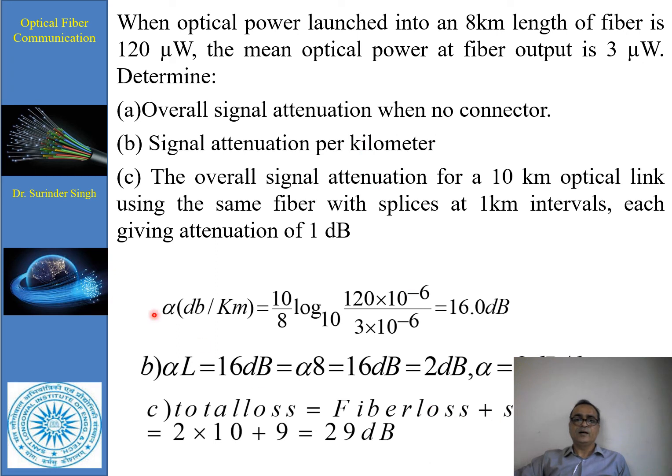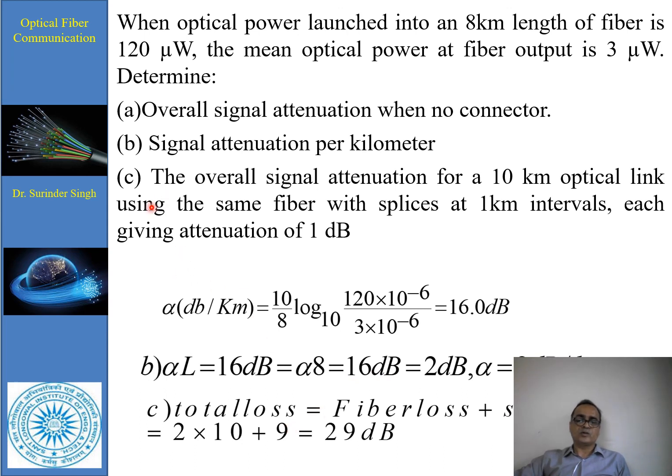For that, alpha L is equal to 16 dB, L is 8, and we have to find the signal attenuation per kilometer. We find alpha is equal to 16 divided by 8, that is 2 dB per kilometer.